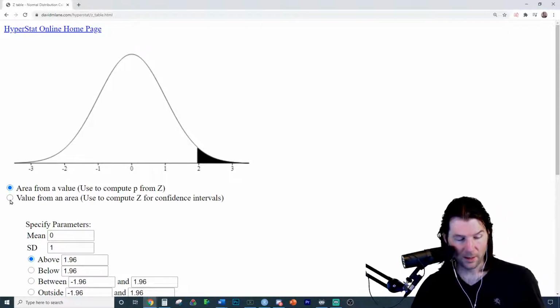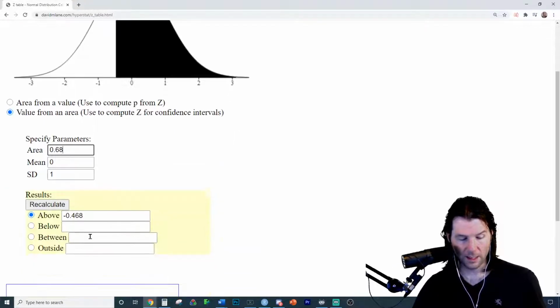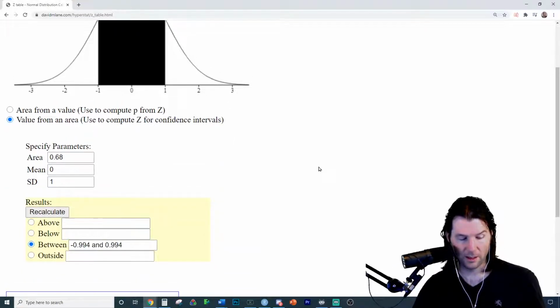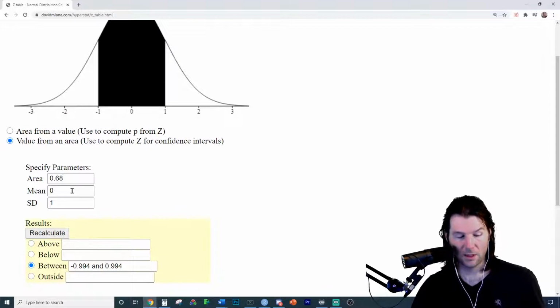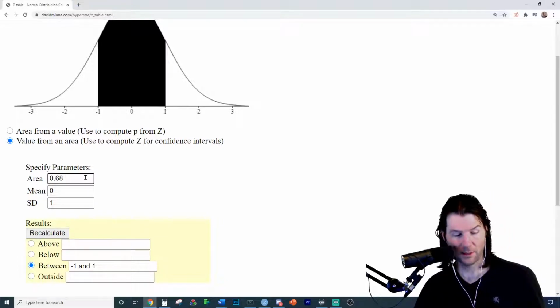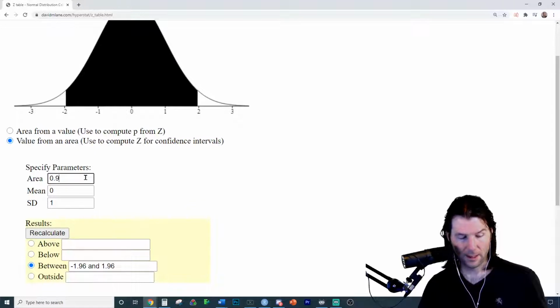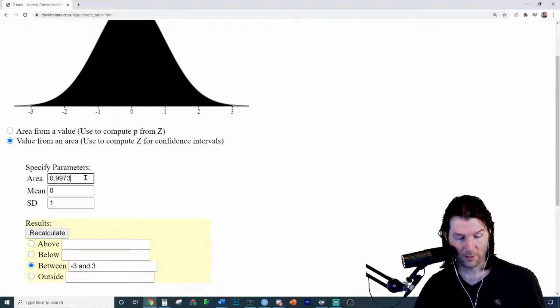If you go right here to the middle 68%, there it is, between about -1 and 1. It's 68.26, I think, to be more exact. So that's the more exact, but we just say 68, 95, 99.73.